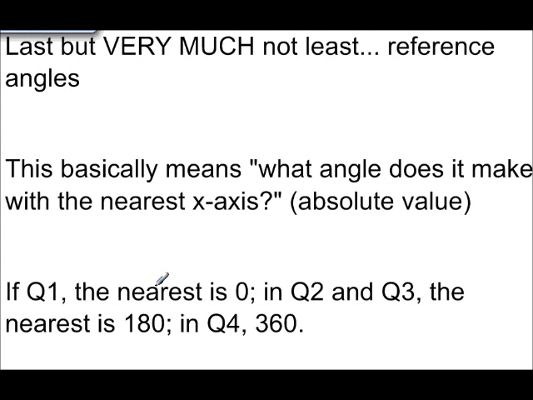The real thing that's going on here is if you have a coordinate plane and you have an angle that's here, let's say this is 30 degrees. If you reflect this across the y-axis, this here would be 150 degrees if we're measuring from here, as we usually do.